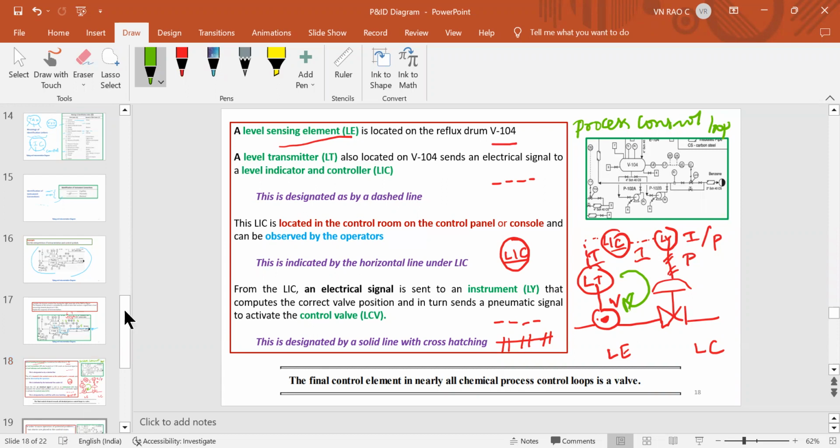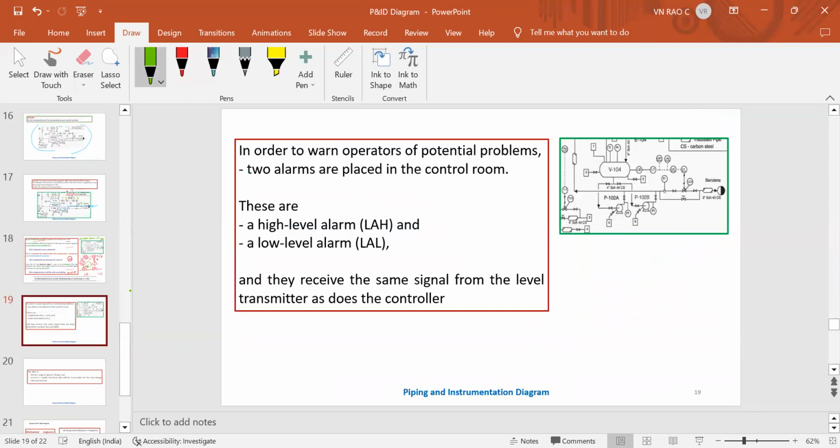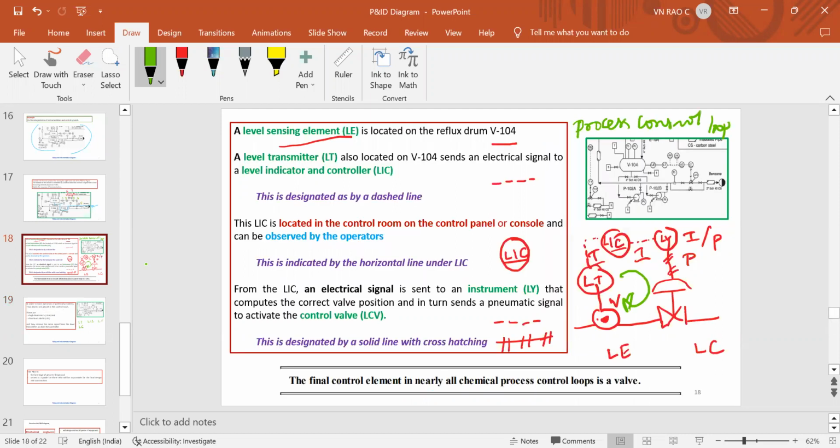Now, apart from this, what are the instruments? Level element, level transmitter, level indicating controller, and what is the next one? LY. LY is an instrument that computes the correct valve position.